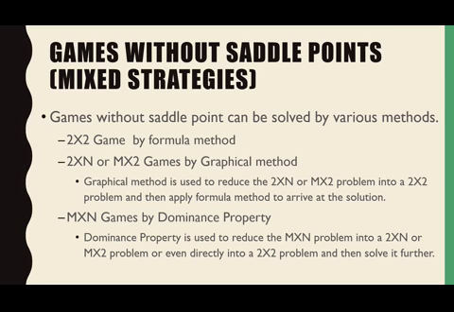In the definition itself, it says if it is a pure strategy problem, the next move is known to everyone. But when we talk about mixed strategies, straight away the optimal strategy or the saddle point will not be available.